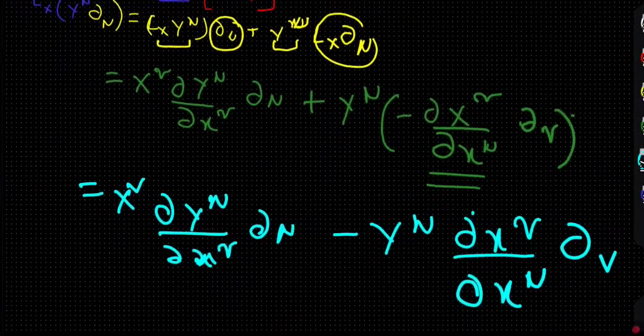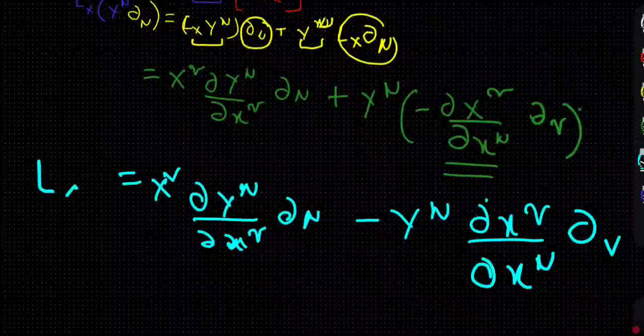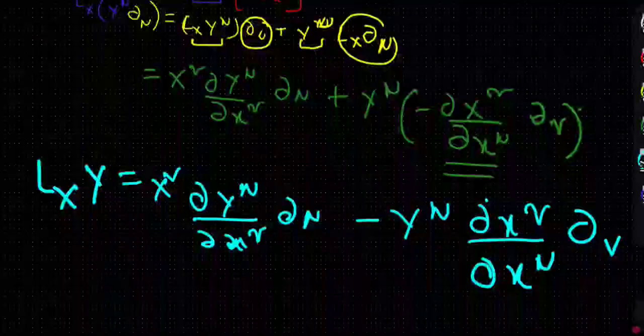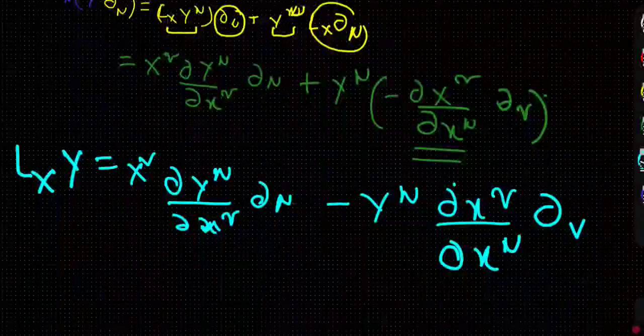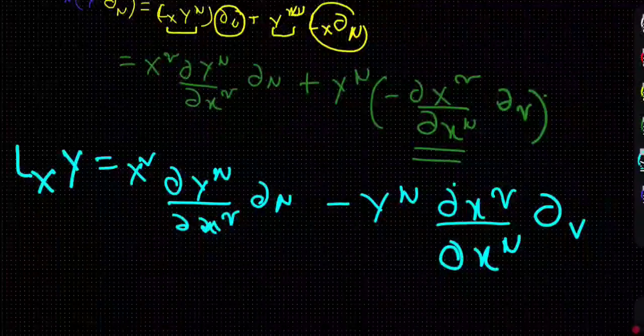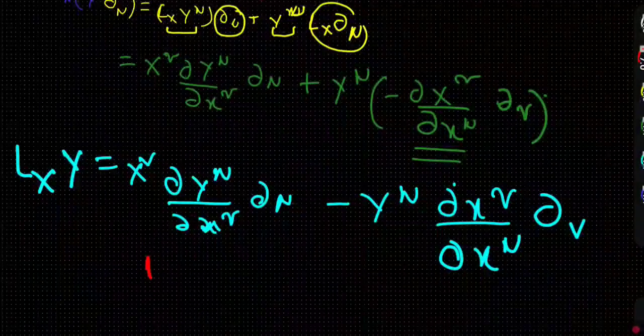So this is our result, and this is equal to the Lie derivative acting on our Y. See here, this is a very important thing I'm going to talk about. The commutator relationship that we have defined is exactly equal to this.